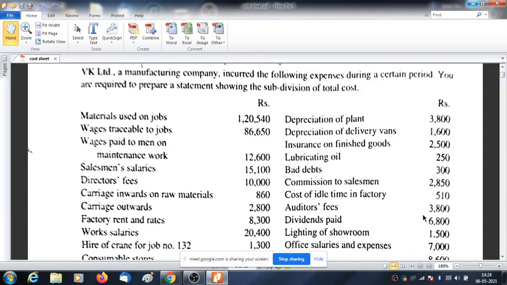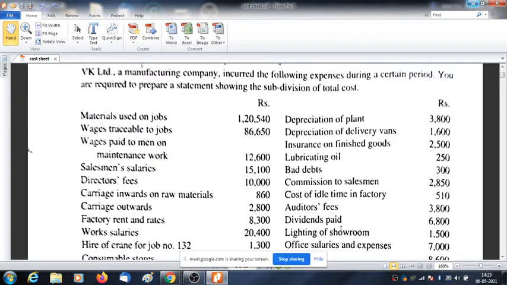Auditor means the chartered accountant who examines your books of account whether they are as per accounting standard or not. And auditor's fees will come under office and administration overhead because it is for the smooth administration of the office. You need to do this audit. Okay, sir. Now I can understand that.